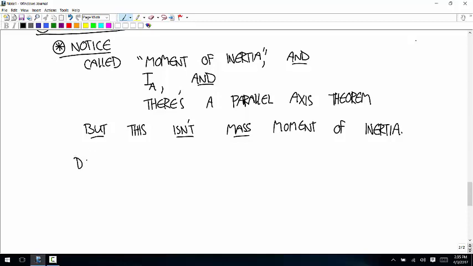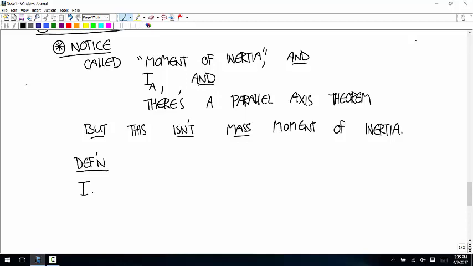Okay, so definition. It has an integral definition, just like mass moment of inertia does. That's why they have the same name. Moment is a mathematical thing. This is a second moment, just like the mass moment of inertia is.